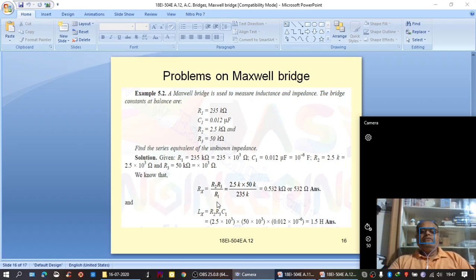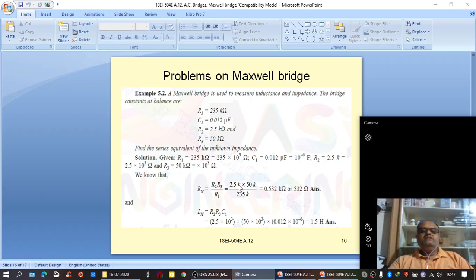So R2 is 2.5 kilo ohms, that is 2.5 into 10 power 3. R3 is 50 kilo ohms, that is 50 into 10 power 3, divided by R1, which is 235 kilo ohms, that is 235 into 10 power 3.